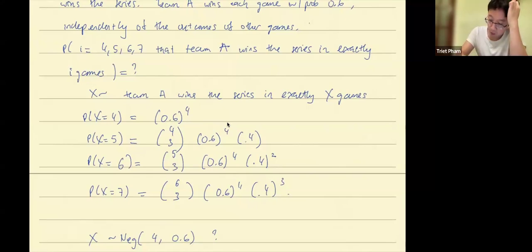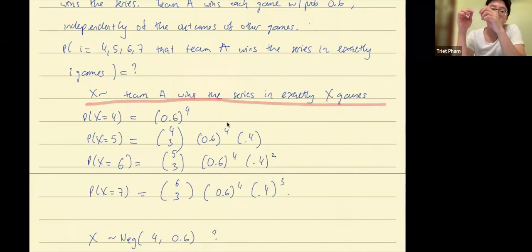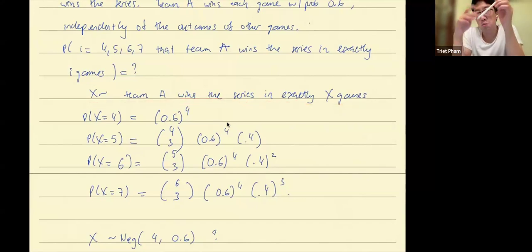And so what's going on with X here? Notice X only represents team A wins. What's the other possibility? Team A loses the series, right?